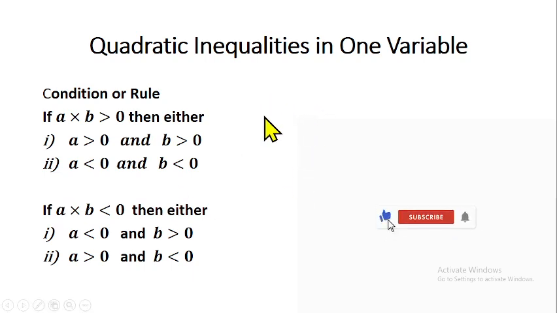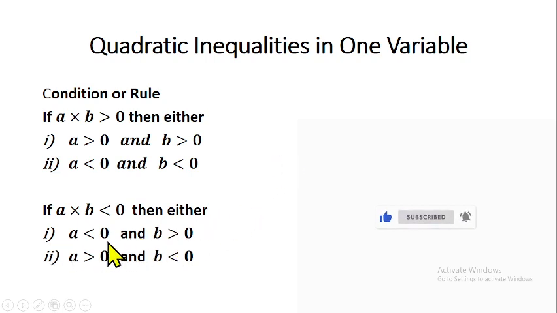What about if the two roots multiplying each other are less than 0? The first bracket multiplied by the second bracket is less than 0, like this one here. A represents the first bracket, B represents the second bracket, and their multiplication is less than 0. So in that case, one of the brackets will be less than 0, the second one will be greater than 0.